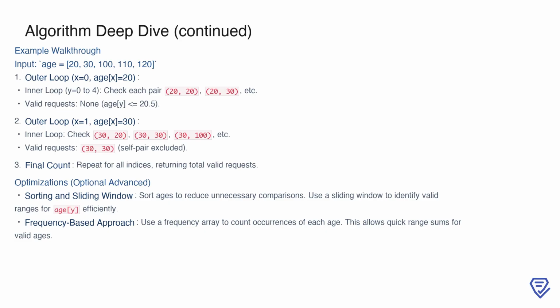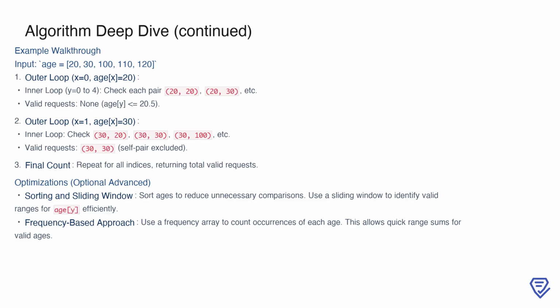For the second person, age 30, we again compare them with all others. In this case, the condition age y equals 30 narrows the options, and we find that 30 satisfies the criteria, though self-pairs are excluded. Repeating this process for all individuals, we calculate the total number of valid friend requests.